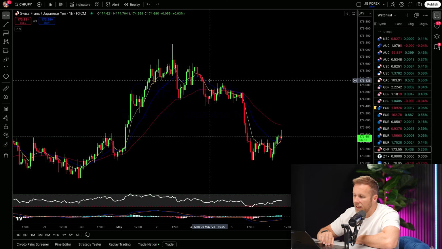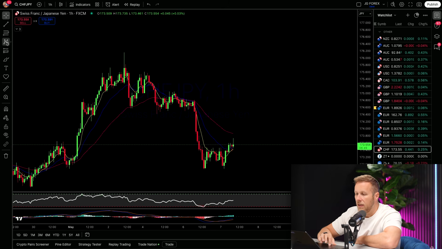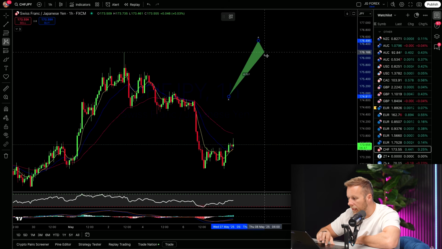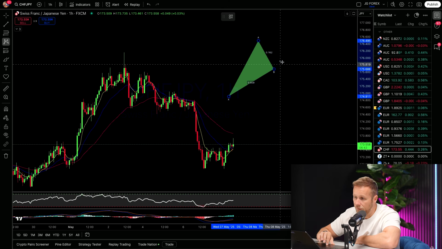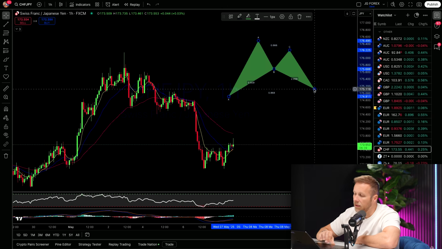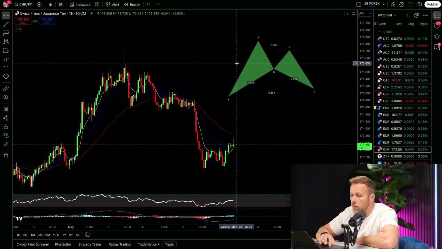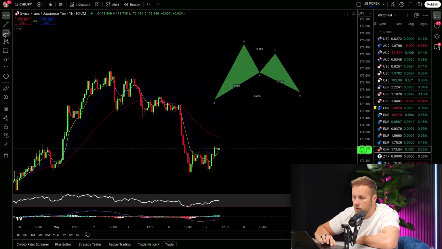So with that being said, the rules of engagement into a bat pattern, and a bat pattern looks like this, by the way. I'll just draw this out really quick for you using the Fibonacci ratio pattern tool. Okay, it looks something like this. So what this means is we look for that impulse leg, which we've got here.